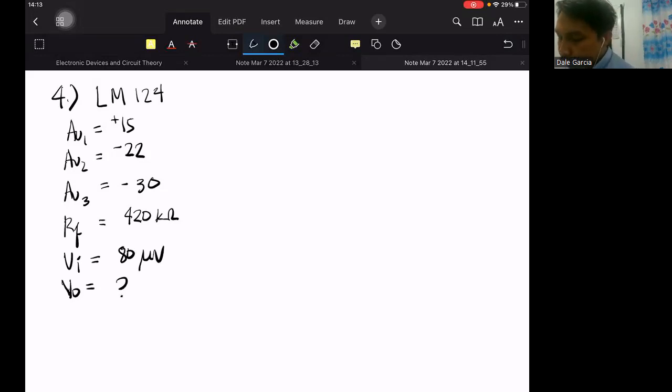So it's drawn. Clearly, the first stage should be a non-inverting op amp. It is always conventional to use minus plus.